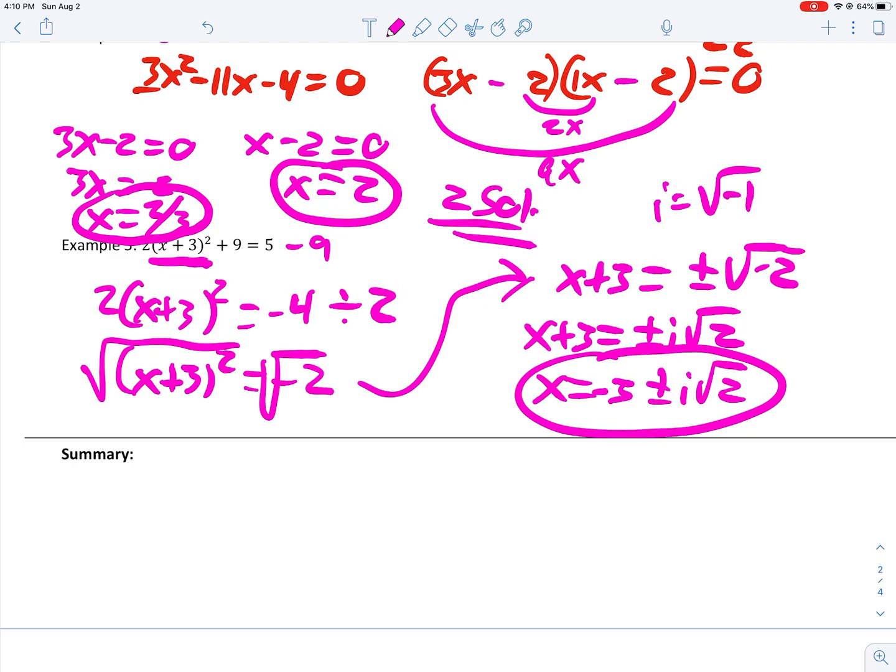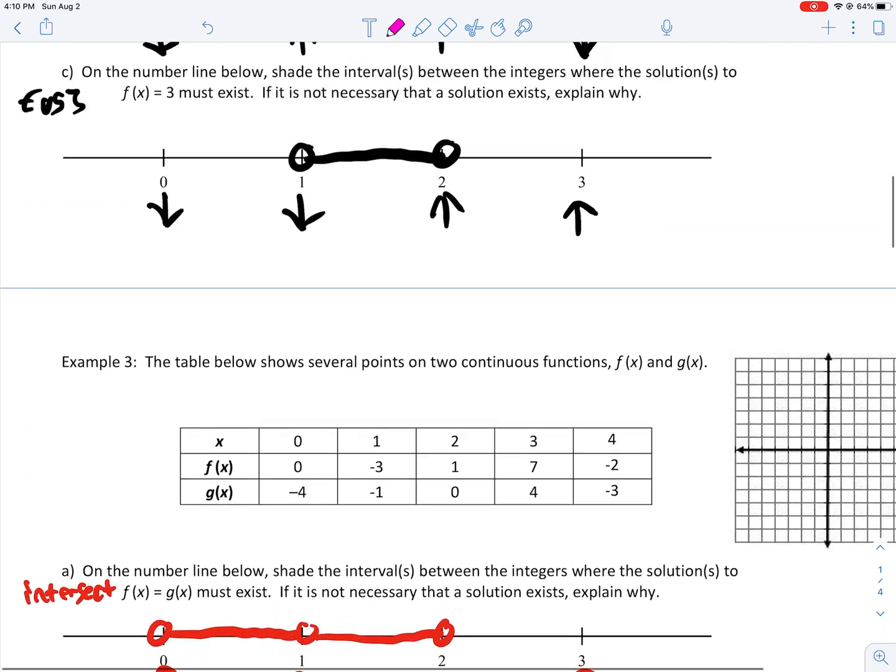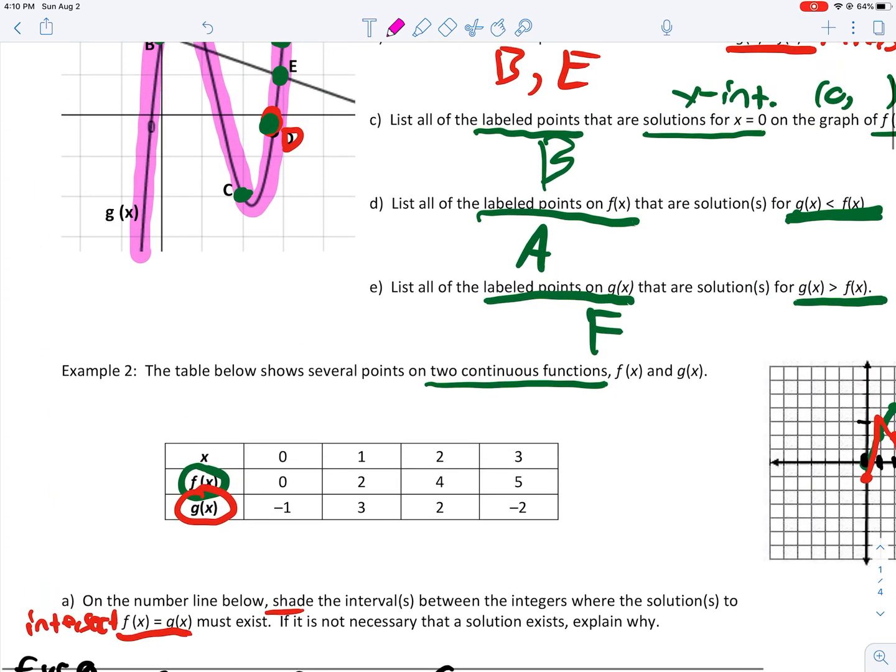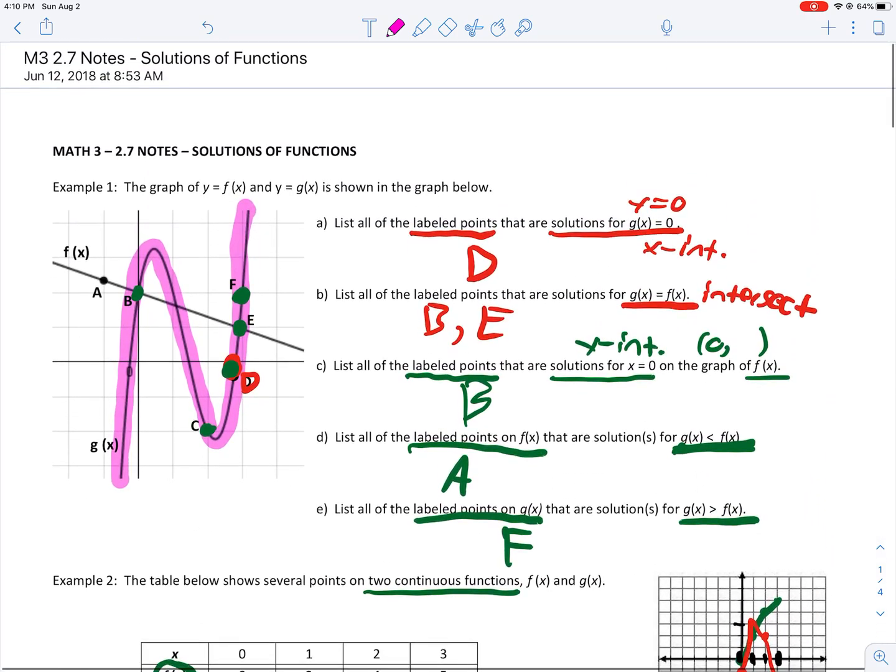And there you go. Remember, i is equal to the square root of negative 1. It takes care of that negative underneath the radical. And again, it was x squared, so I should get 2 solutions, which is what I got. 2 imaginary solutions. So make sure you answer your essential question.